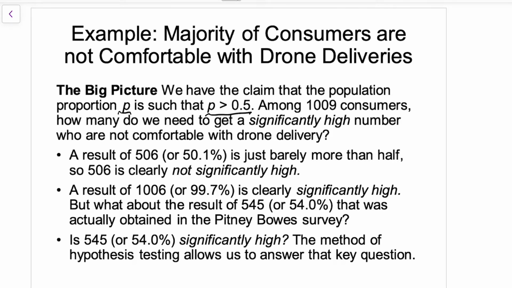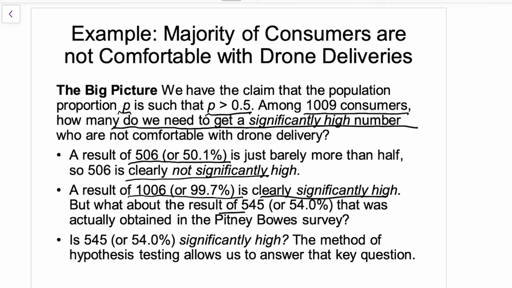So among those 1,009 consumers, how many do we need to be uncomfortable to have a significantly high number? Is just 506, which is 51%, significantly high? Clearly no. If I get 1,006, that would be about 99.7% of the respondents. That is clearly significantly high.